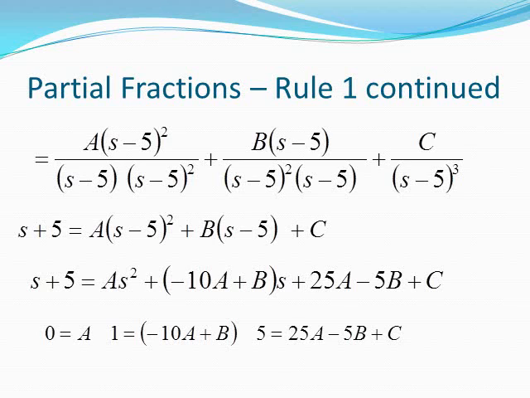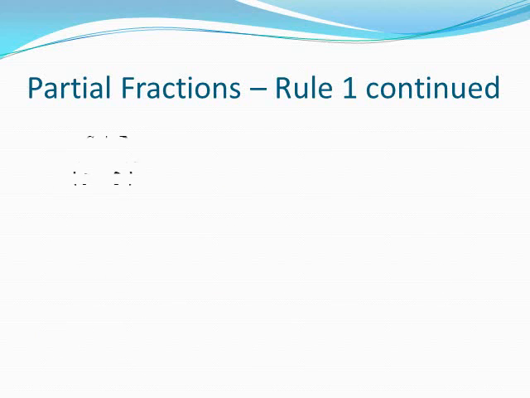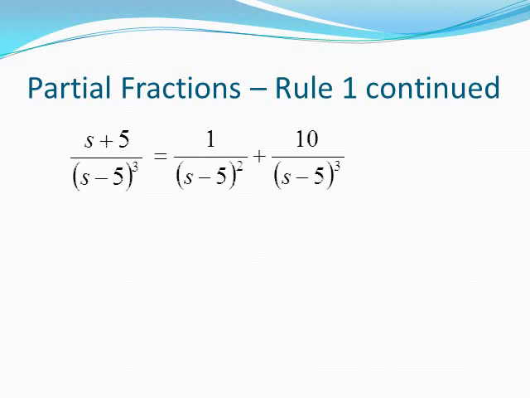And then we can solve this. If a is 0, then that's going to make b equal to 1. And if b equals 1, then c has to equal 10. So now we have our constants that we're going to put in partial fractions. So we're going to plug them back in, and this is what our partial fraction should look like.